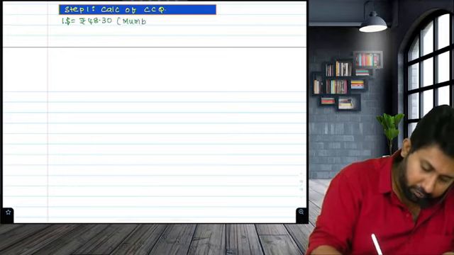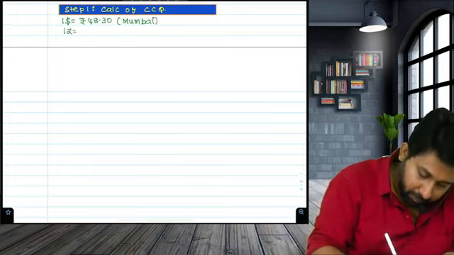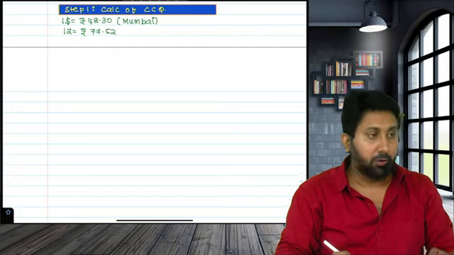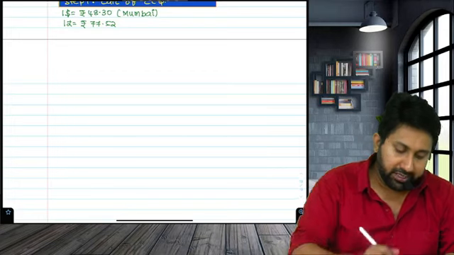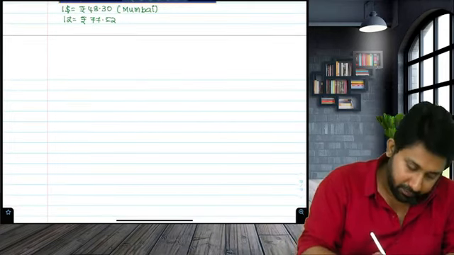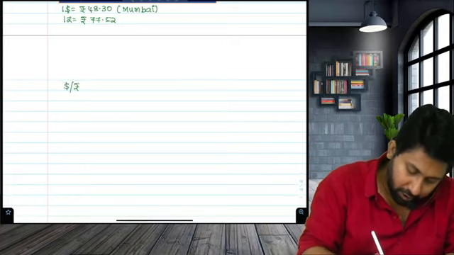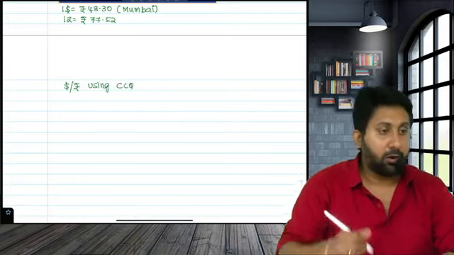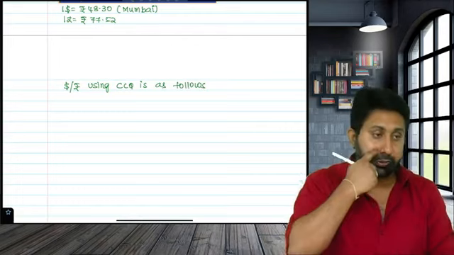$1 equal to 48.3. 1 pound equal to rupees 77.52. So using this, if you calculate the dollar rate using cross currency quotation, it is as follows.